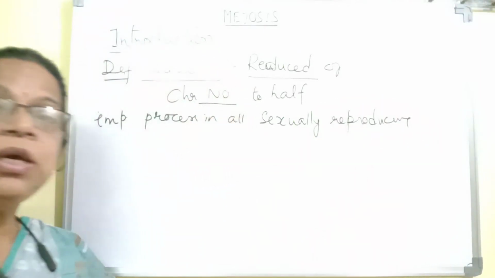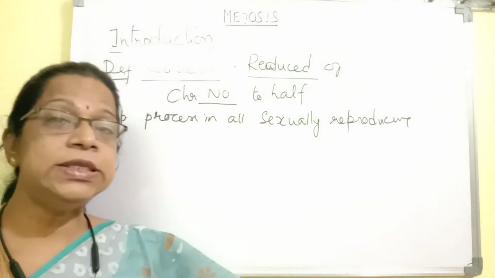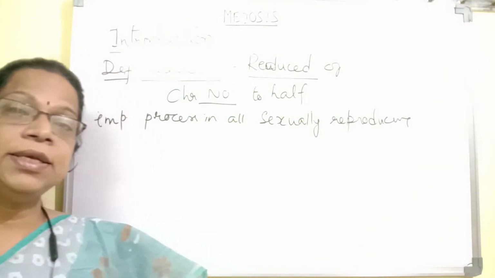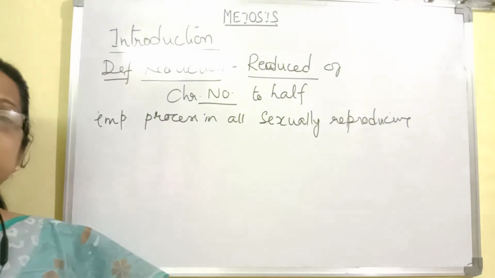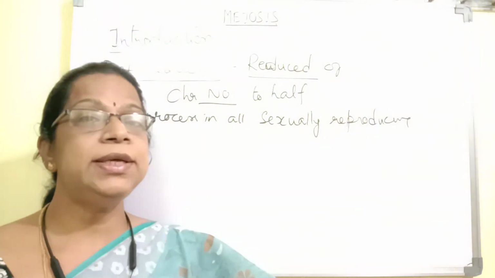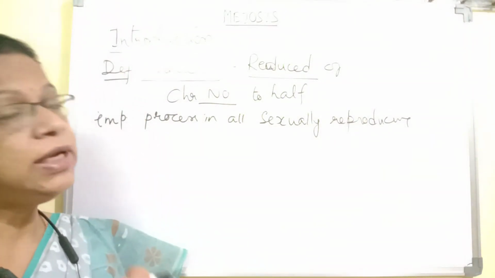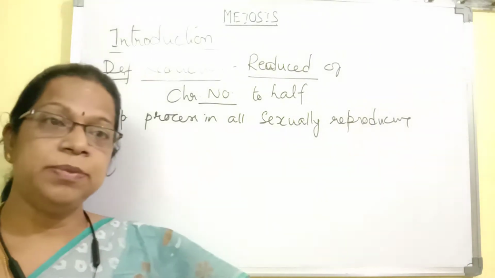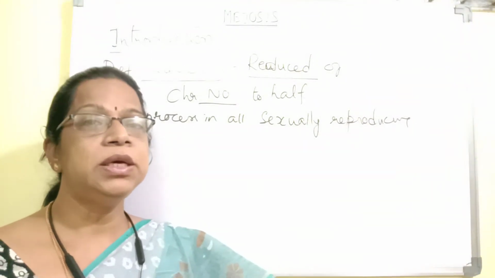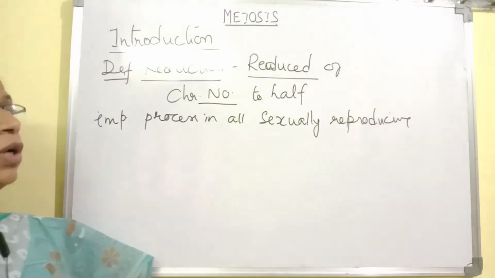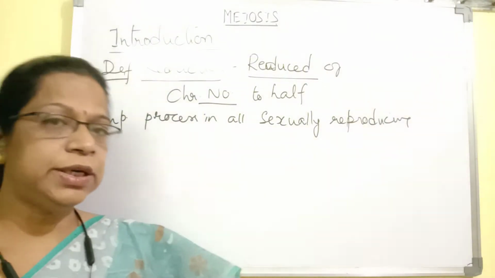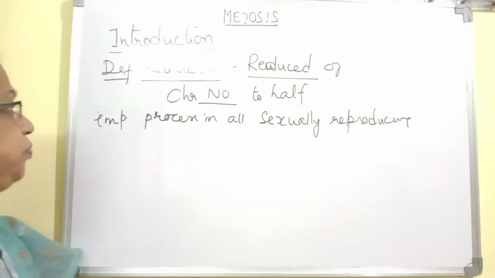It is very, very important because in sexually reproducing organisms, the chromosome number has to be maintained from one generation to the other, and that is done with the help of meiosis. So it is a very important division for maintaining constant chromosome number from one generation to the other generation.